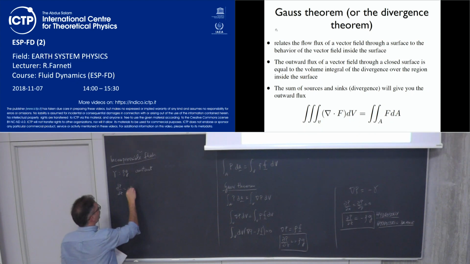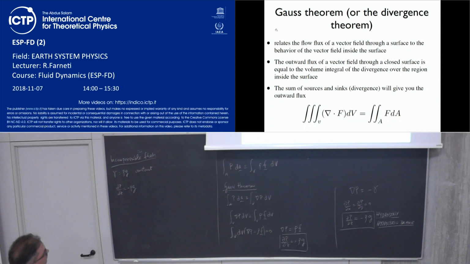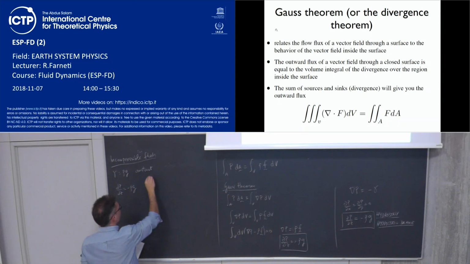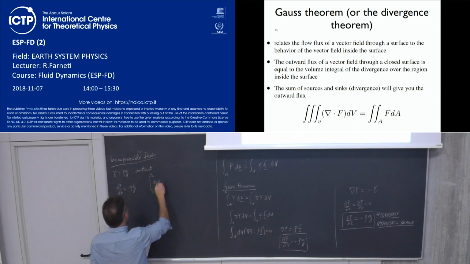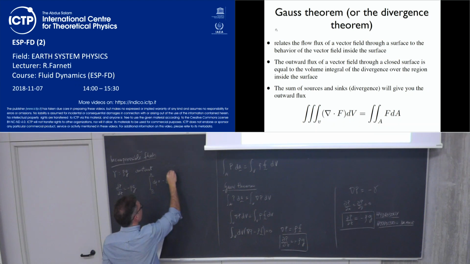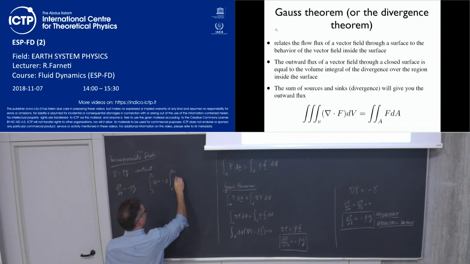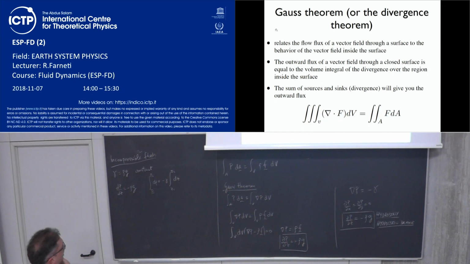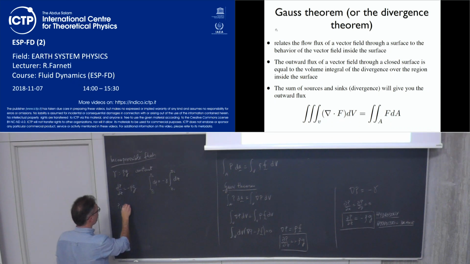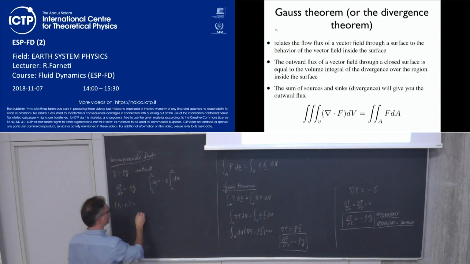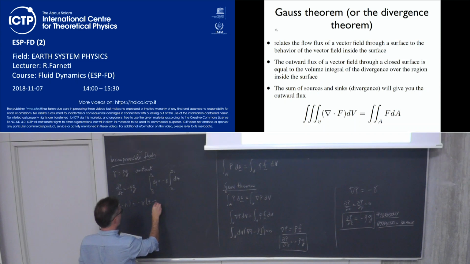So I have my hydrostatic balance. And now I can integrate this from P1 to P2, and this is my gamma from Z1 to Z2, whatever height or depth you want to think of. So this is just P2 minus P1, which is equal to minus gamma times (Z2 minus Z1).